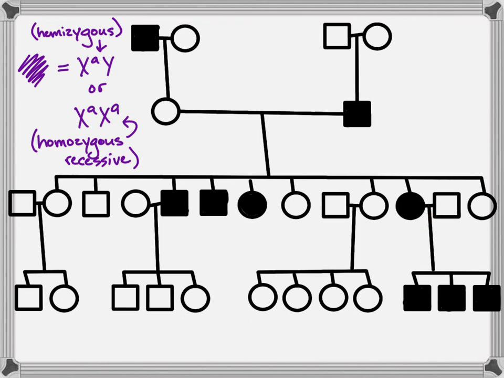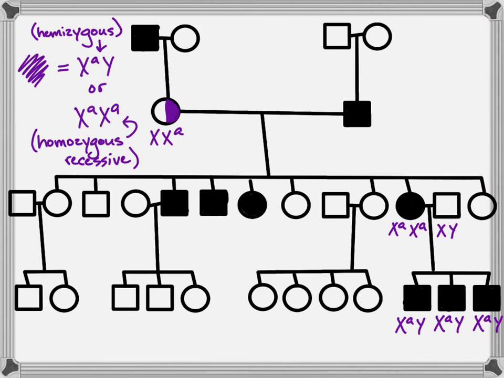So that can be a pattern you can be looking for. So let's take a look. So if we fill in that according to the sons getting the Y and a recessive X from their mother, and we can look.